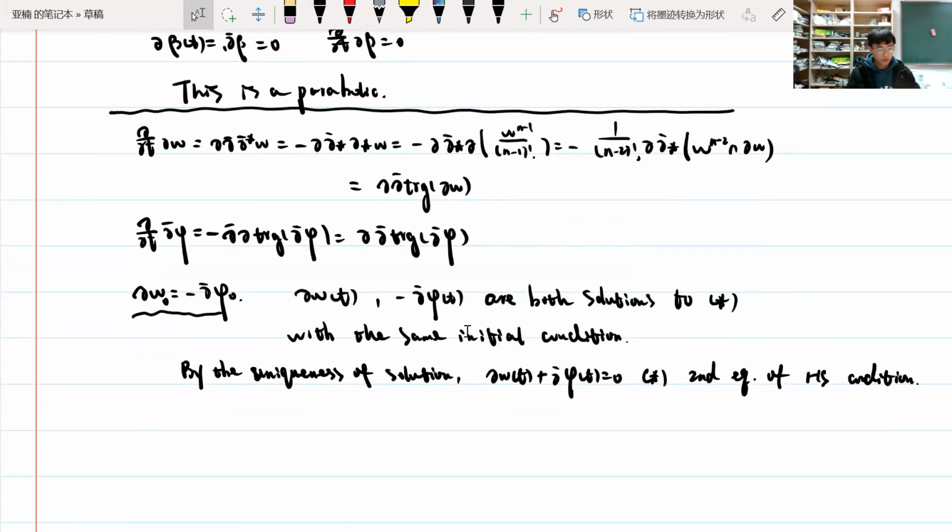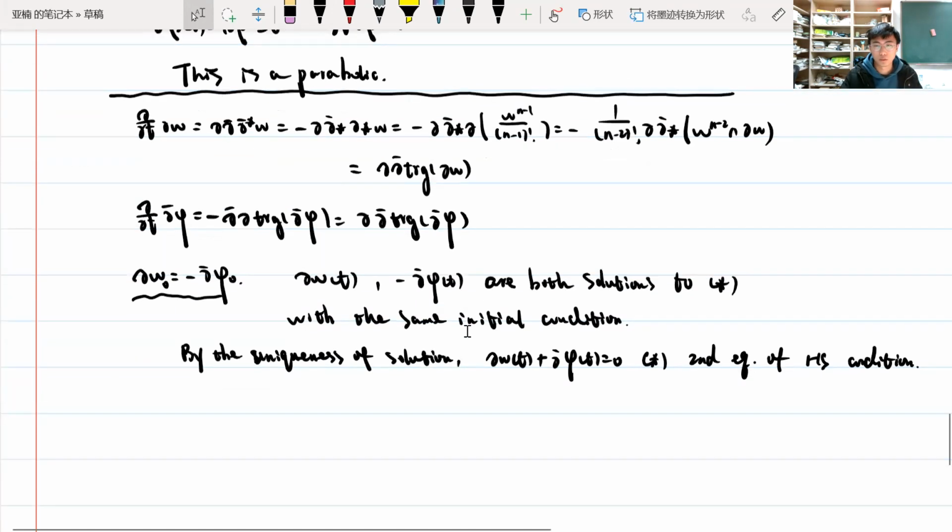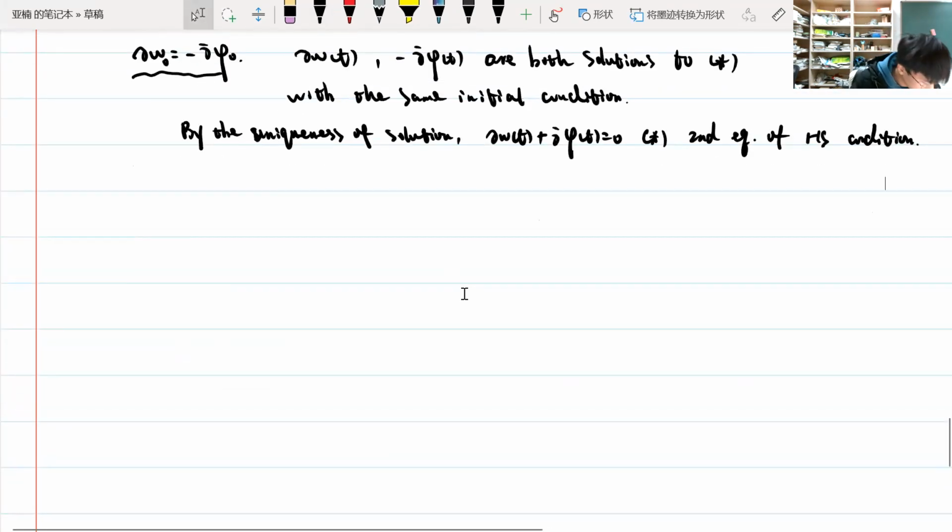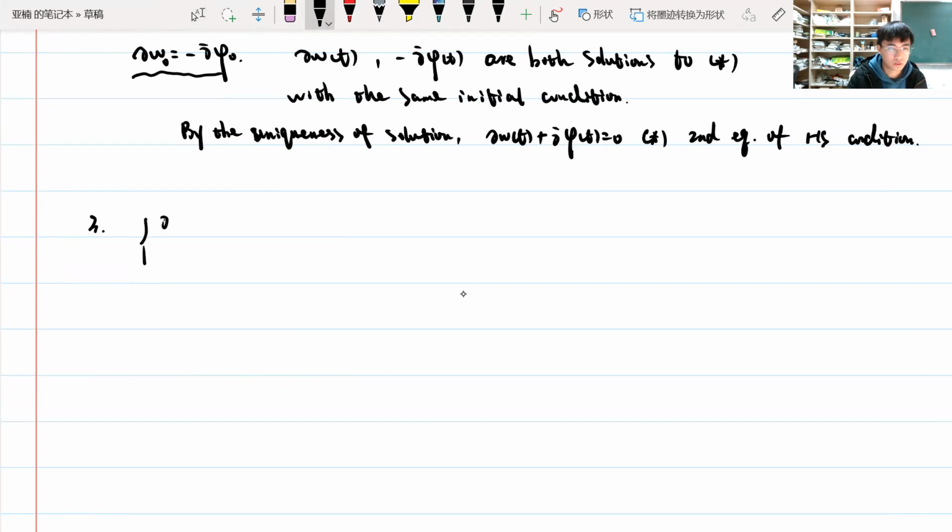And now we have the evolution equation of the Hermitian symplectic form.